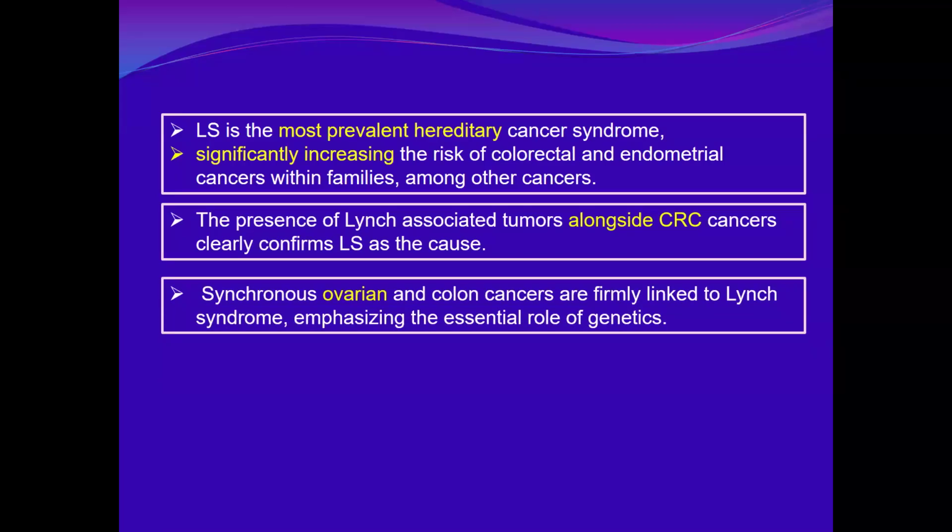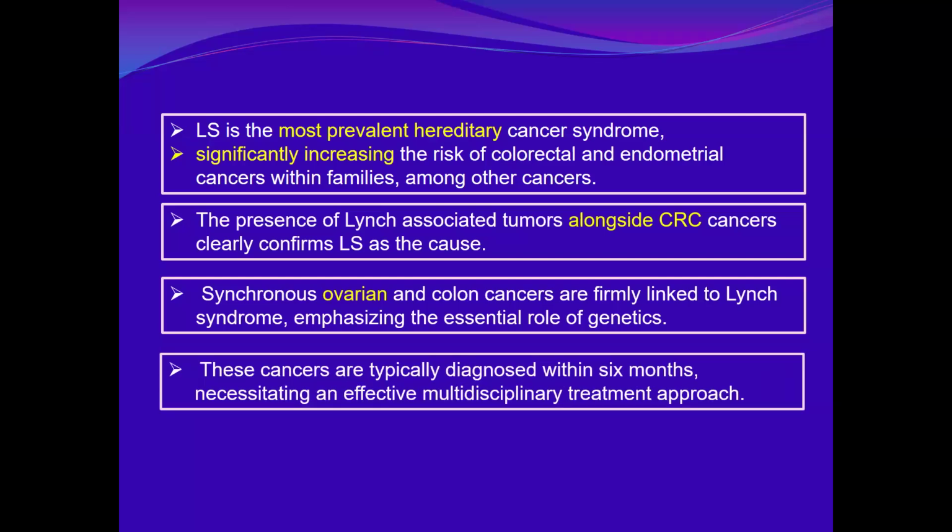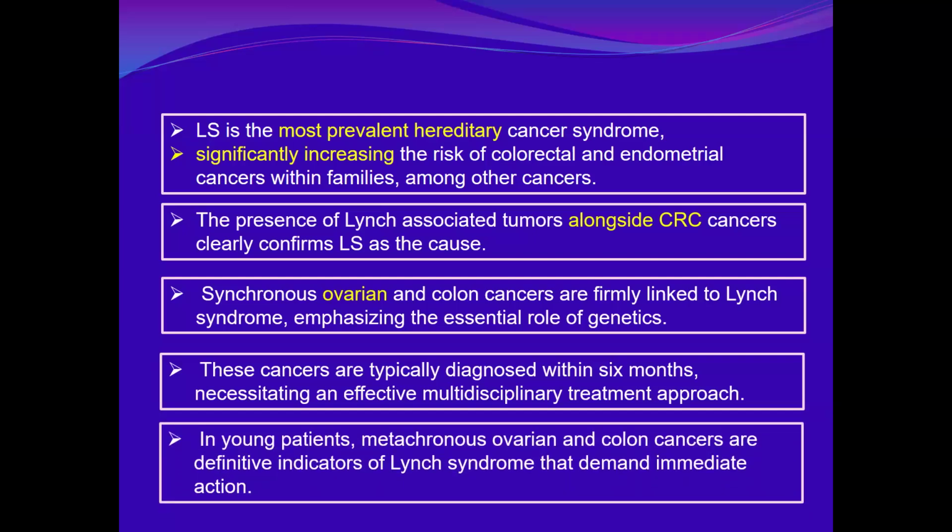Synchronous ovarian and colorectal cancer are firmly linked to Lynch syndrome, emphasizing the essential role of genetics. These cancers are typically diagnosed within 6 months, necessitating an effective multidisciplinary treatment.